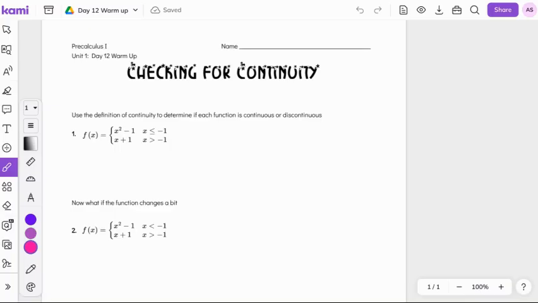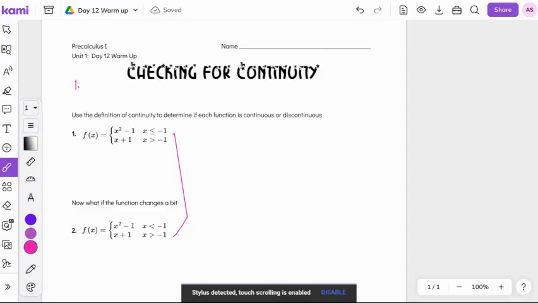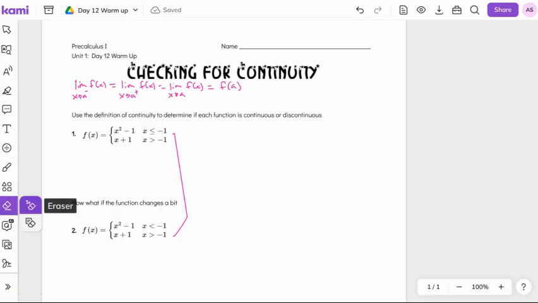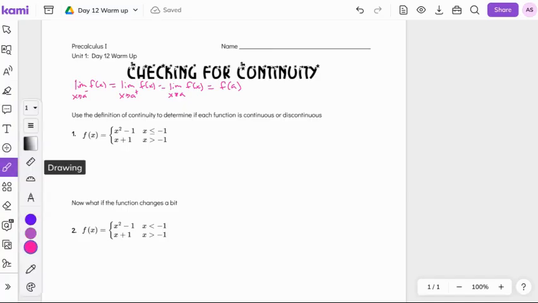So remember that in order for something to be continuous, the left-hand limit of your function has to equal the right-hand limit of your function as x approaches a from the right, which has to equal the plain limit, which has to equal the function value at that particular spot, at the value of a, I should say.